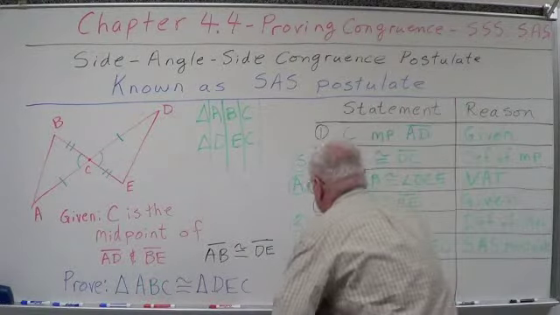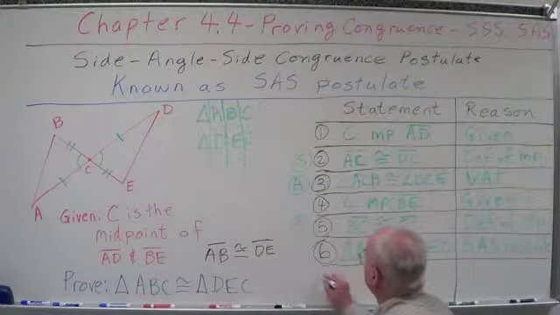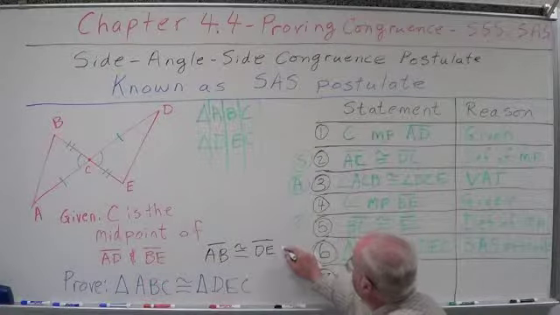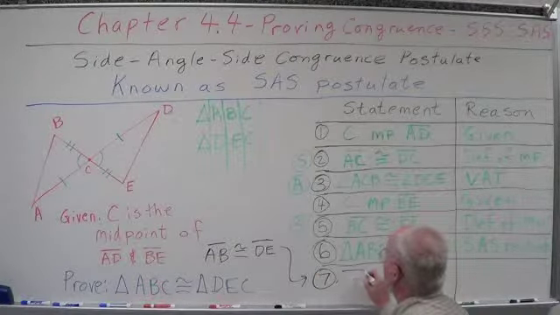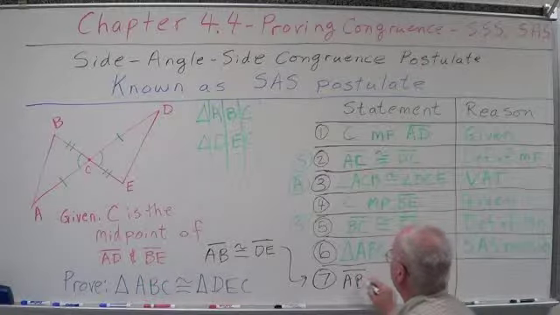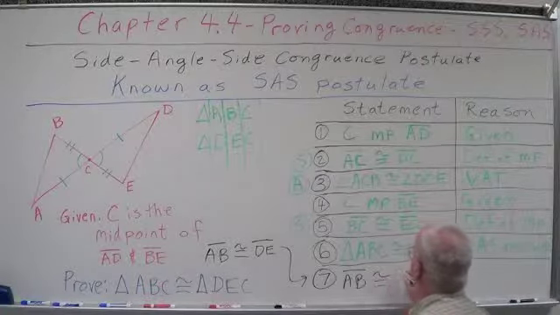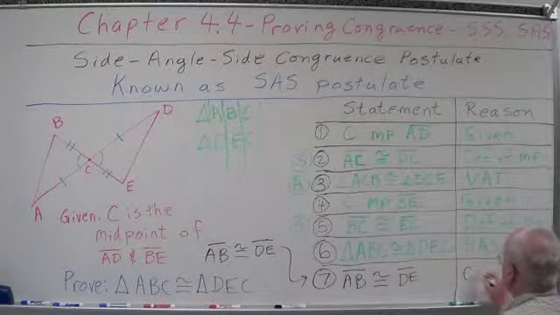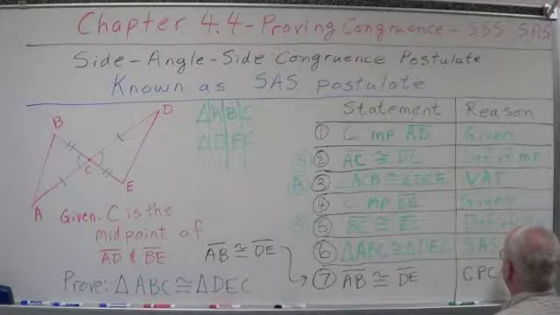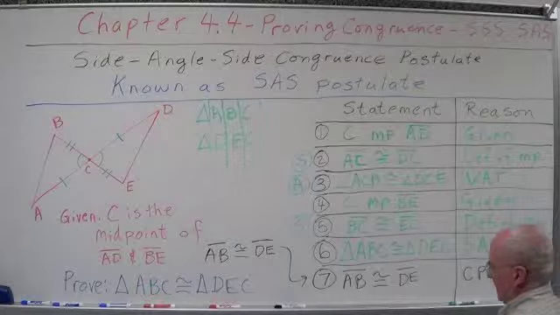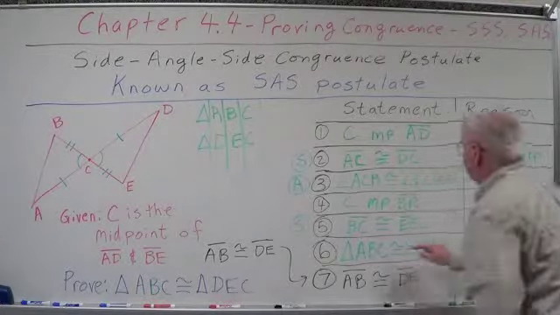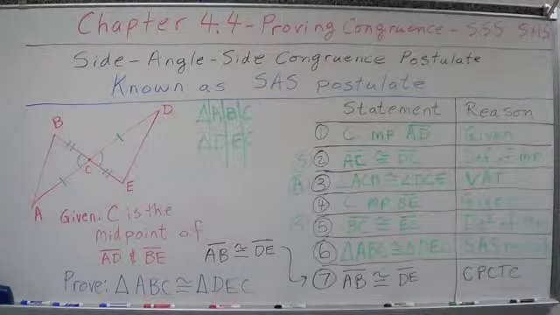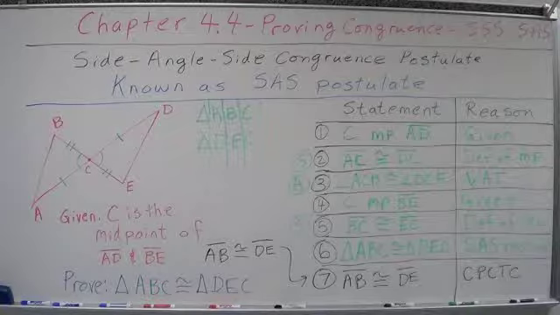So we'd simply come down here and say, number 7, tie this in, and we would say segment AB is congruent to segment DE. Why? CPCTC. Because we proved the two triangles congruent, then the corresponding parts of those two triangles are also going to be congruent, all the corresponding parts.